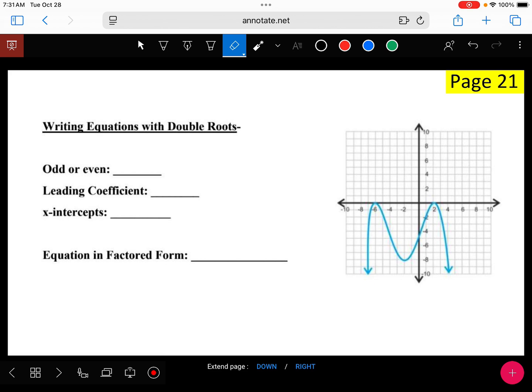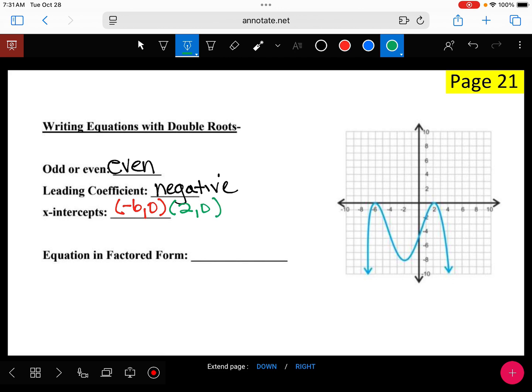All right, so Johan, even or odd? Even. Demarion, positive or negative? Negative. So we got even. We have negative. Josepha, where are my intercepts? -6, so we got -6, 0, and we have +2, 0.